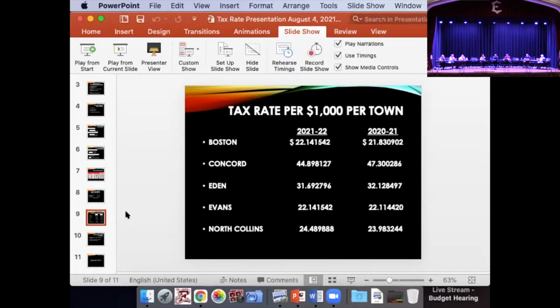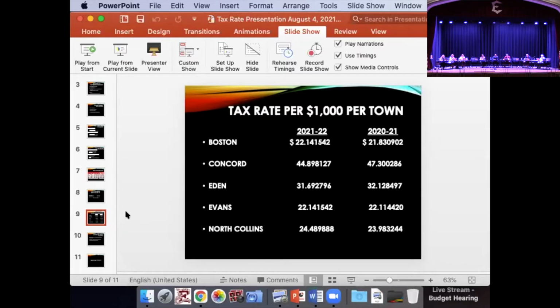But if you look at the town of Boston, their tax rate per thousand from 2021 to 21-22 increased from 21 to 22 per thousand. Concord, theirs actually decreased from 47.3 to 44.8. Eden's went from 32.12 down to 31.692.